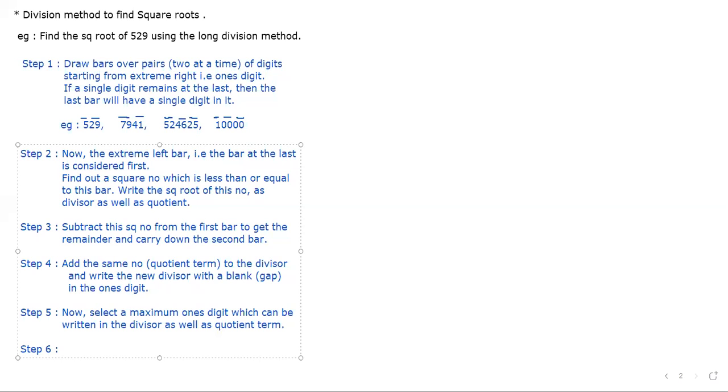Step 6. Multiply the divisor by quotient and subtract it from the dividend, just as we do in the division cases, to get a new dividend.